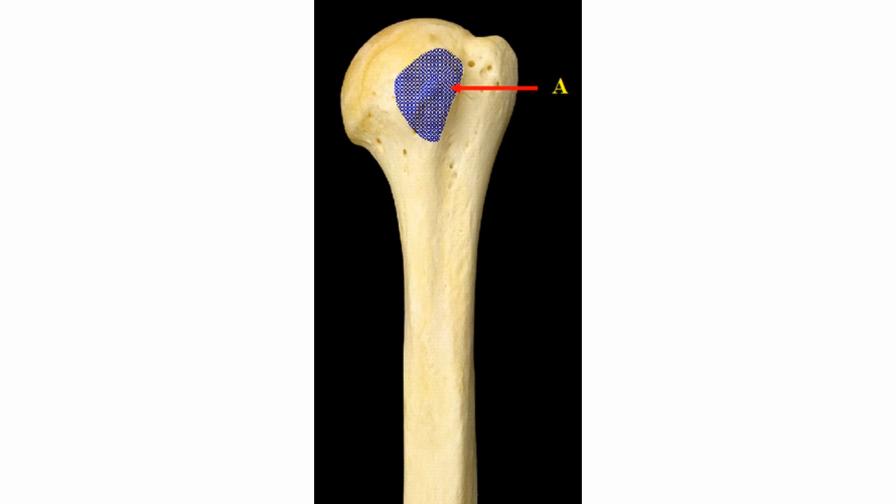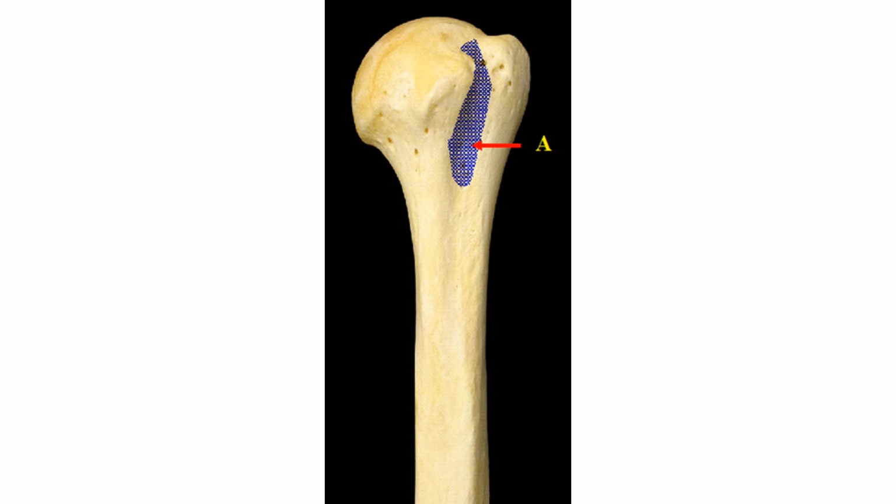It is an elevation, and the basic facts about this elevation: first of all, it is inferior to the head of the humerus, while the greater one was lateral, and it is anterior to the upper end of the humerus, and this is called the lesser tubercle.